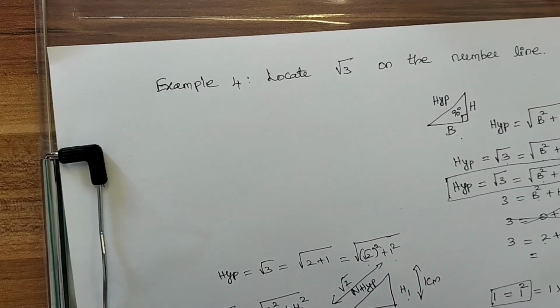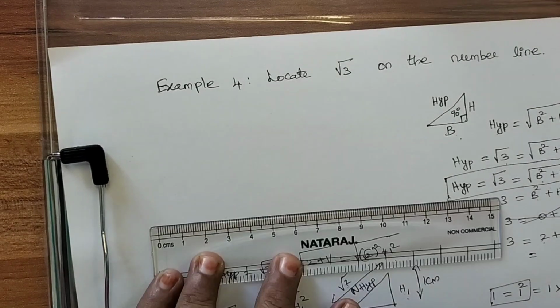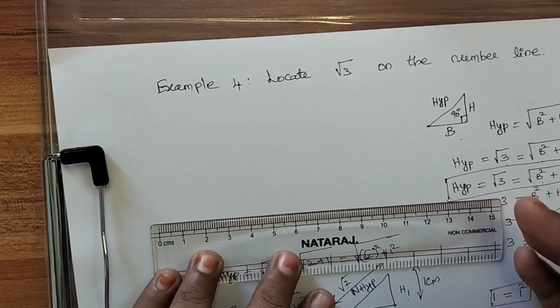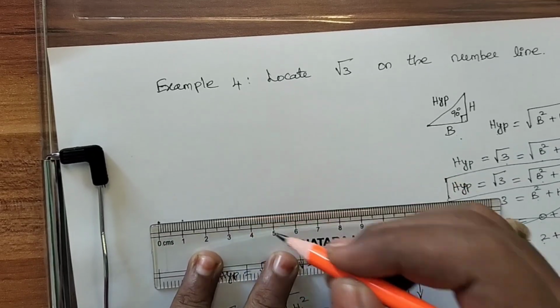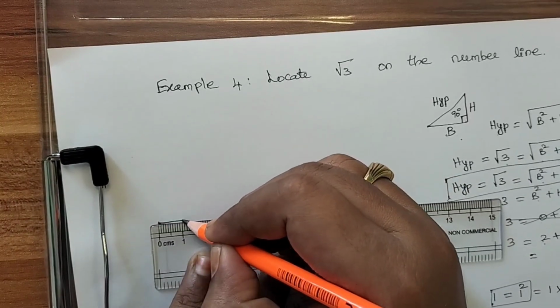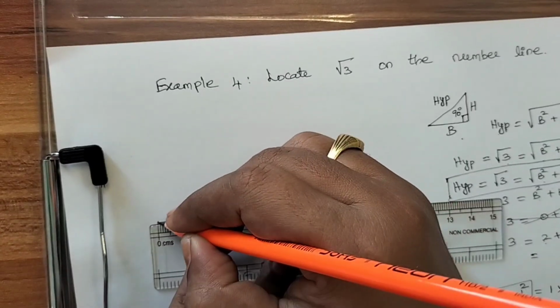So let me take a scale and pencil as in example 3. First draw base 1. Take 1 as a measurement.